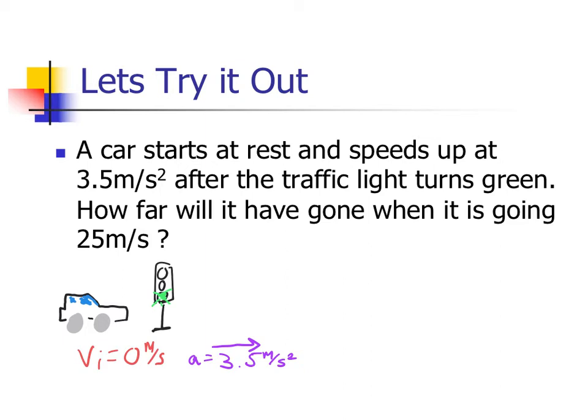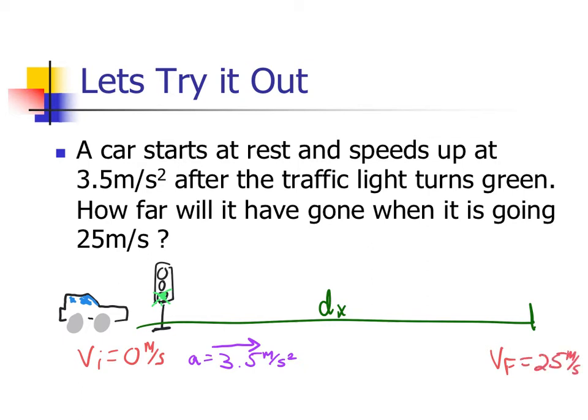We want to know, and we'll get a different color green here, distance in the x direction when the v sub f equals 25 meters per second. No, meters per second, not meters per second squared.